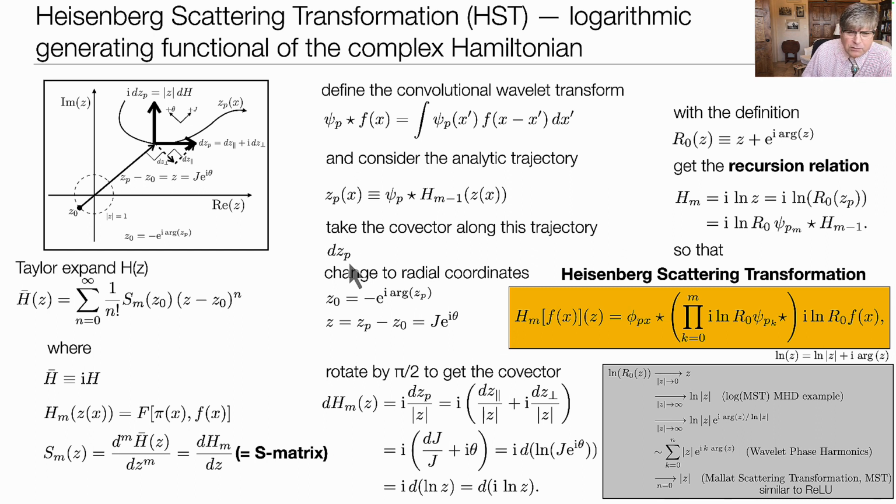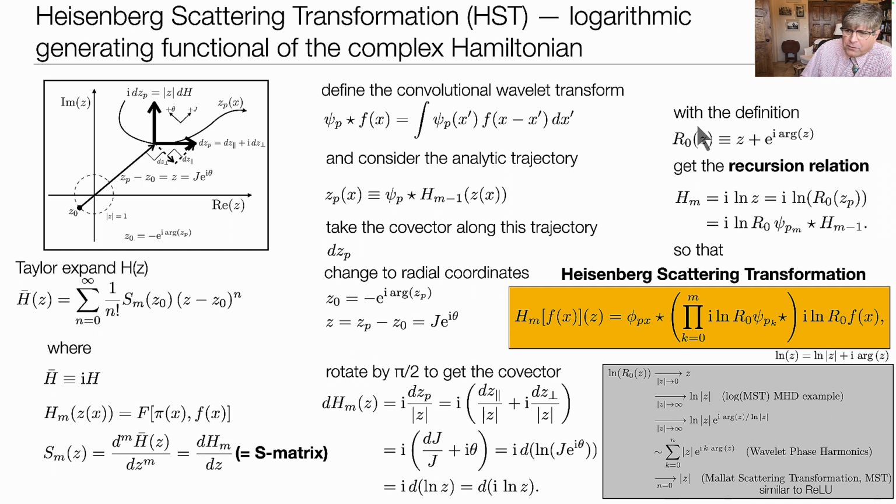We take the covector along this trajectory, change to radial coordinates. This is where this d log is going to come in. We rotate by pi over 2 to get this covector, which now has this d log z form, which is complex radial coordinates, which really exposes the toroidal T2 symmetry of the cotangent bundle.